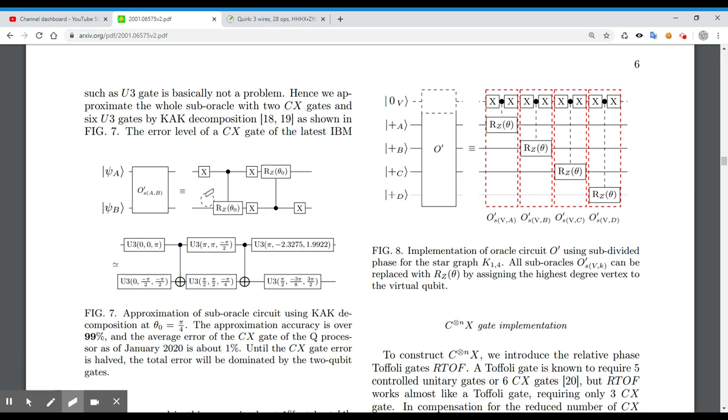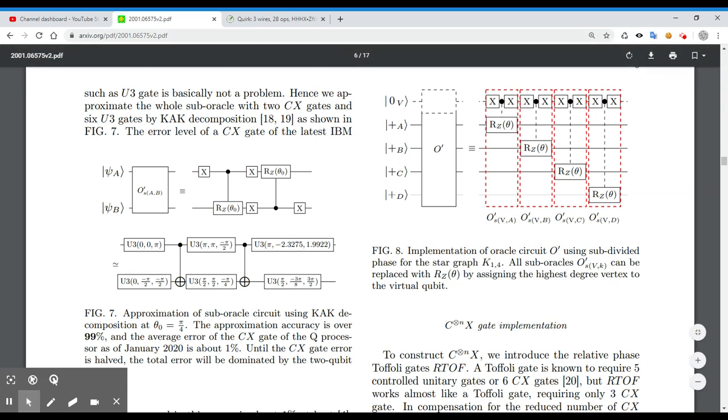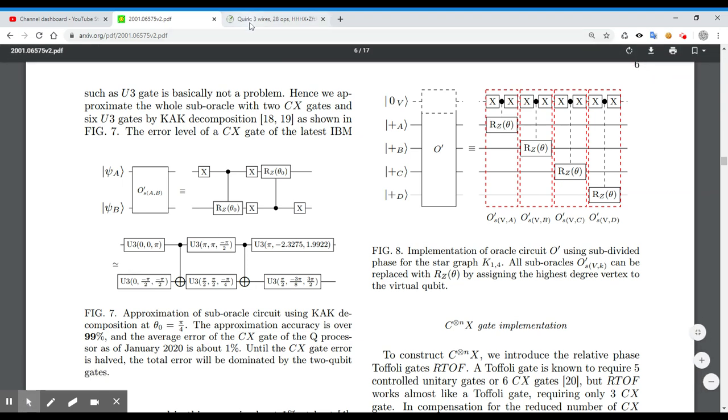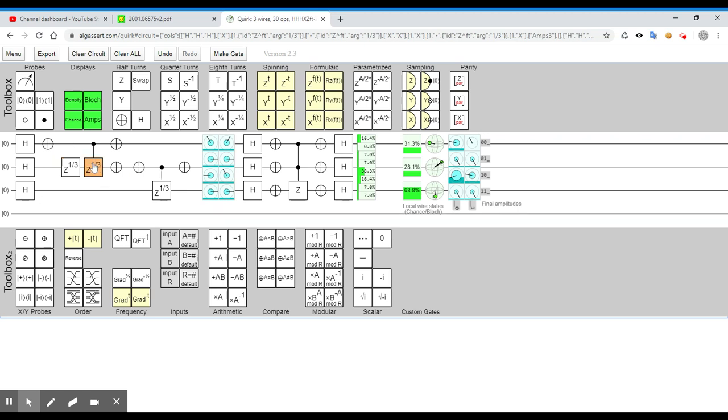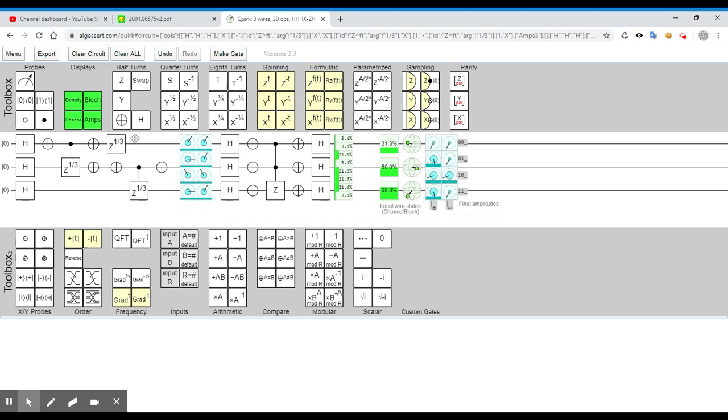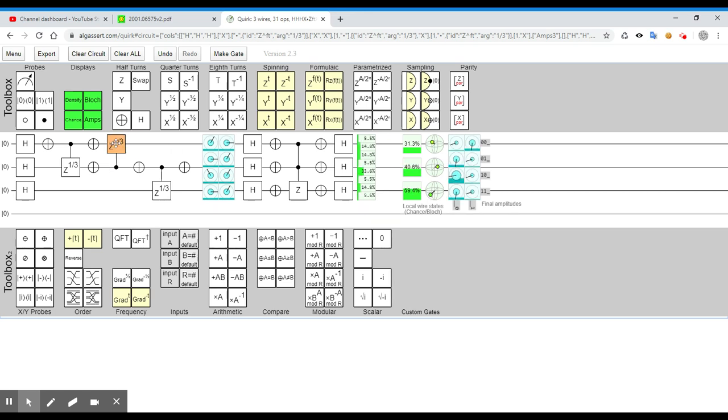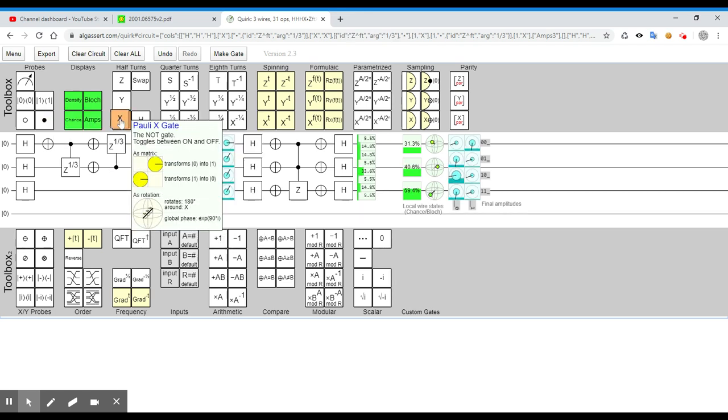First of all, let's see if that works, assuming that's a Z gate. I do these, and then we basically do these controlled gates, and then there's another X gate.